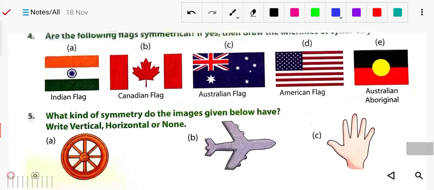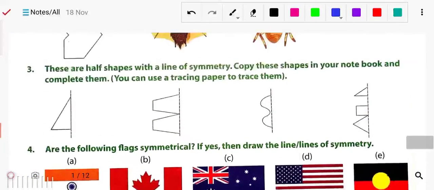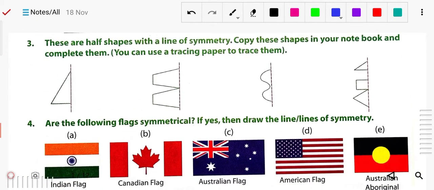Okay, now question number 3. These are half shapes with lines of symmetry. Copy these shapes in your notebook and complete them. It means you have to trace the half part. Okay, so in the mirror how it will look, this is the half part, so the other part will look like this. So that you have to draw in this figure. So likewise it will be.